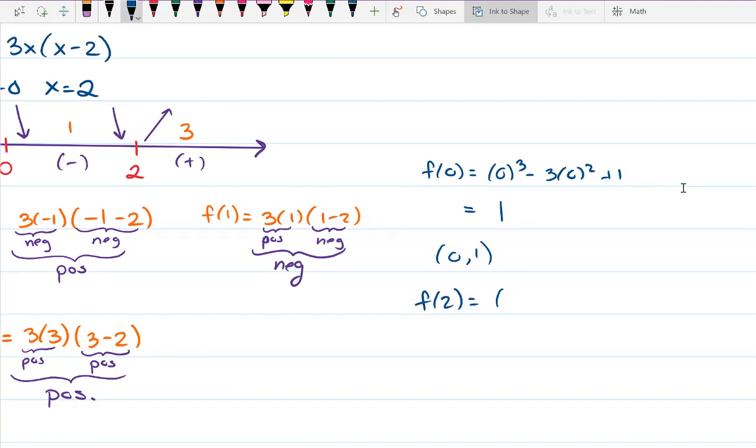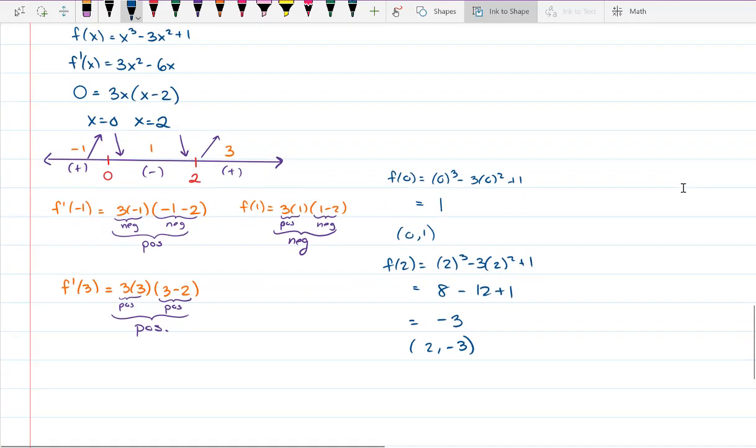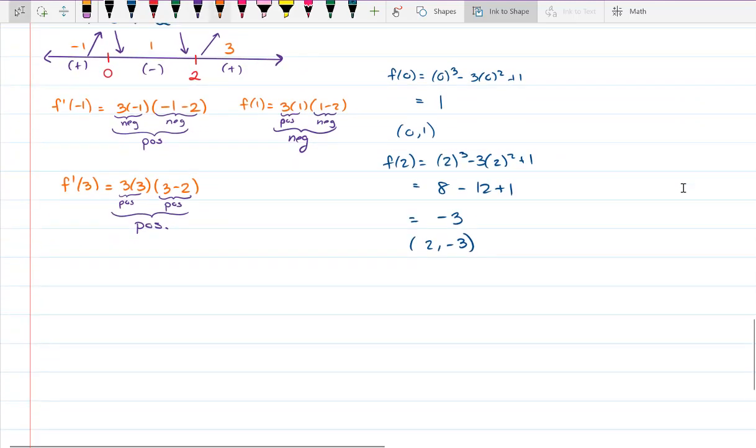F of 2 is 2 cubed minus 3 times 2 squared plus 1, and you get 8 minus 12 plus 1, which comes out to negative 3. So you get the point (2, negative 3). Now all we need to do is to write our conclusions. We have all of our info right here. It's not that bad. Now let's write our conclusion.